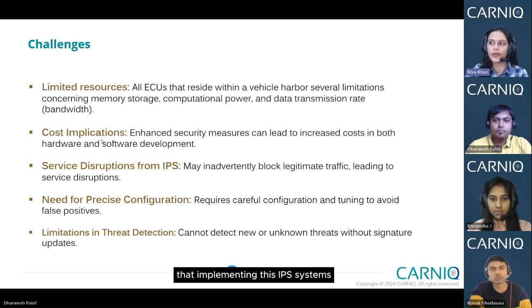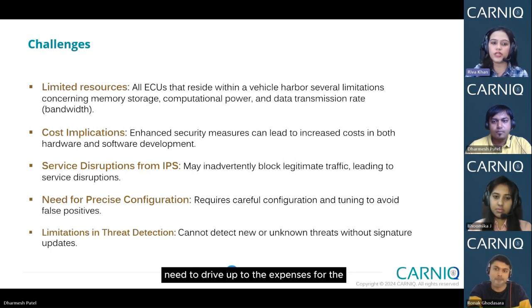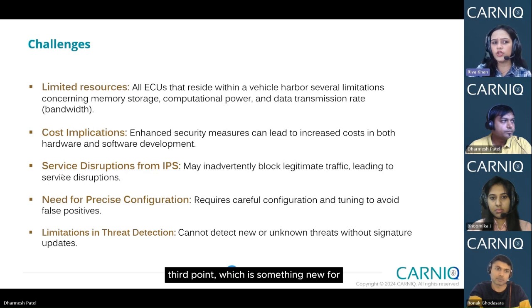As we know, implementing IPS systems can be costly, since they are enhanced security measures. You may need to drive up expenses for the development, installation, and maintenance of this, so it may also be one of the challenges for automotive manufacturers. The third point, which is something new for IPS, is service disruptions from IPS.